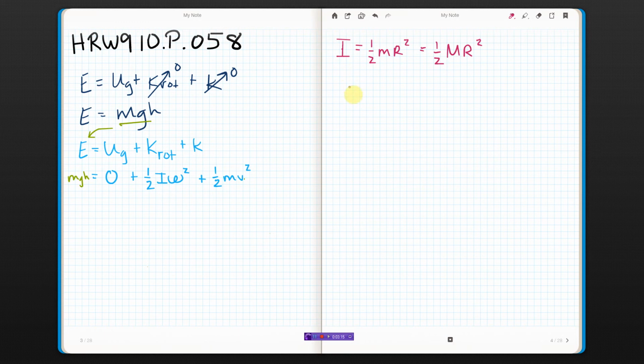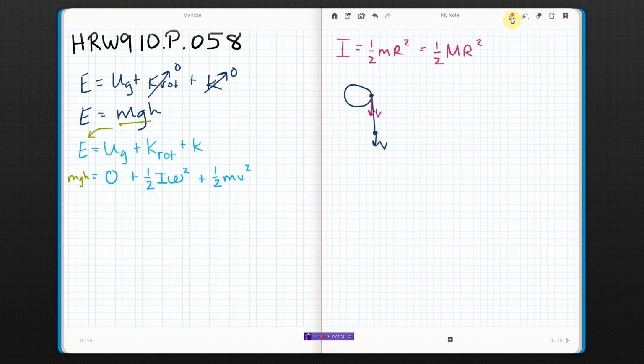Omega, we have to think about this disk. If you've got a piece of rope with something on the end that is falling with a velocity v, that means that this point on the pulley has a linear velocity of v.